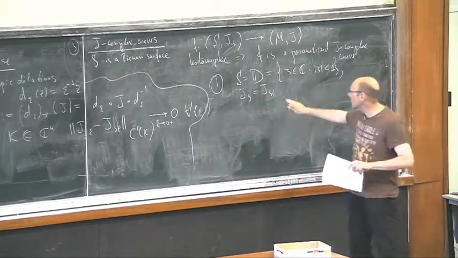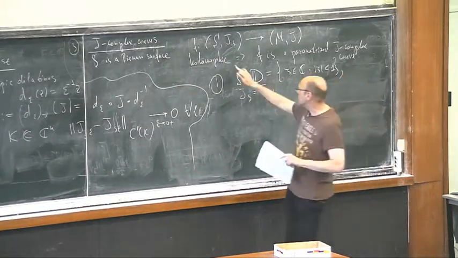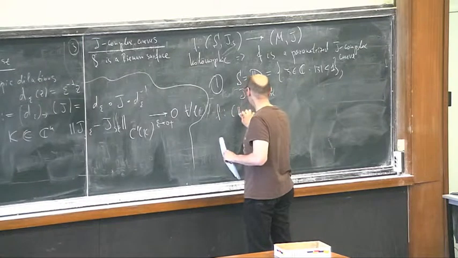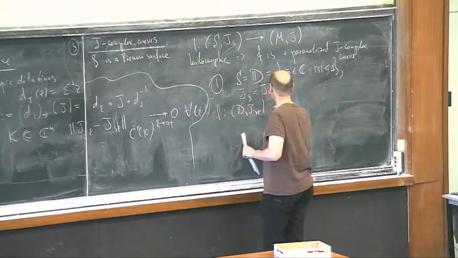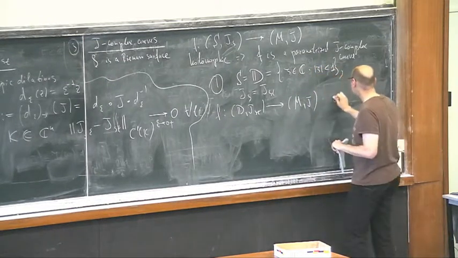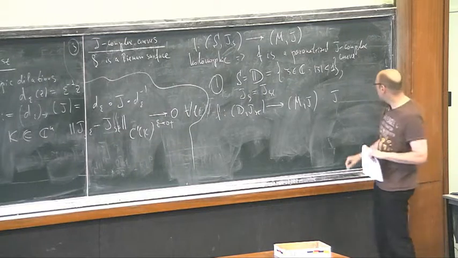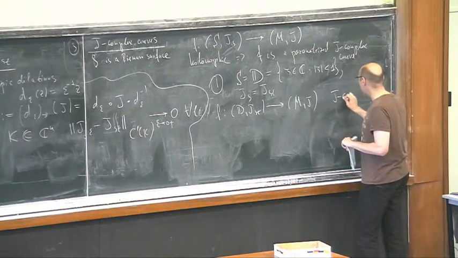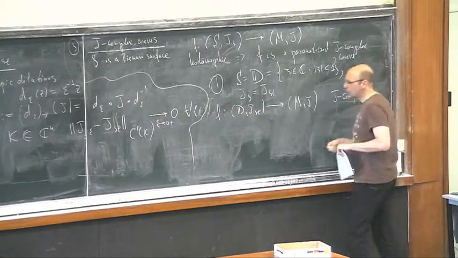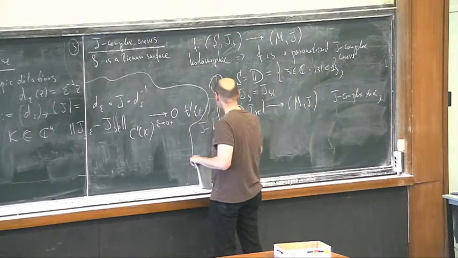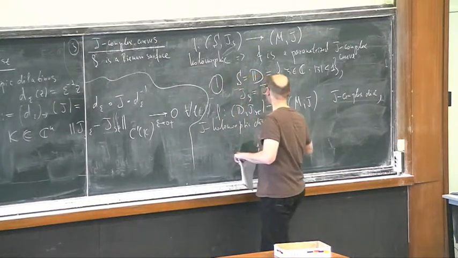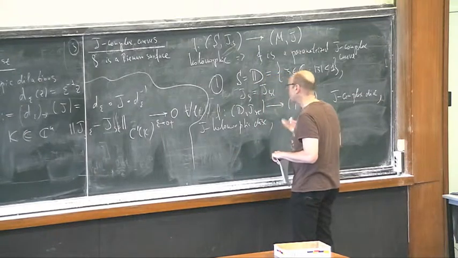In this case, this map F is called, there are several absolutely equivalent ways to call it, a J-complex disk, a J-holomorphic disk, a pseudo-holomorphic disk, and so on.